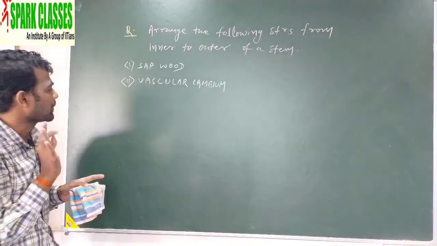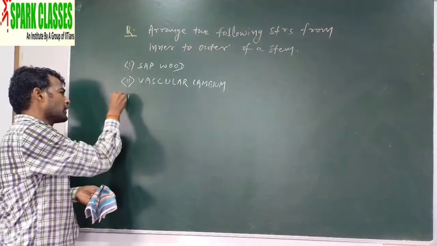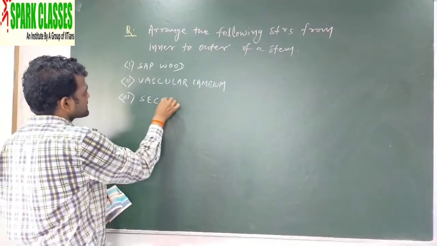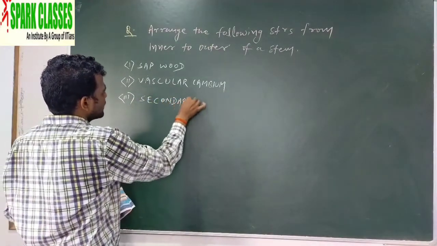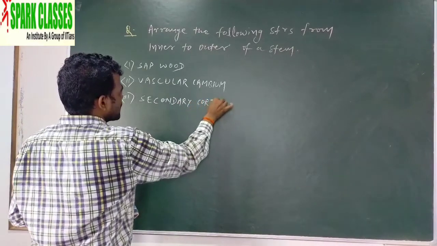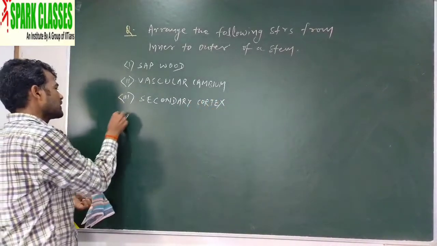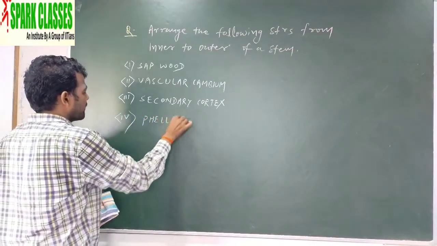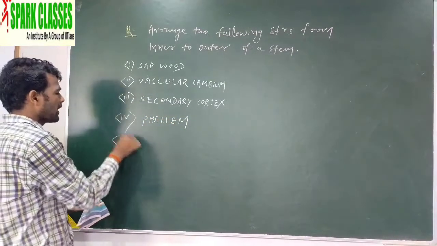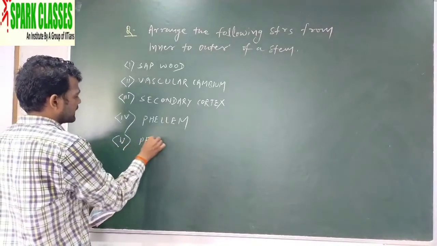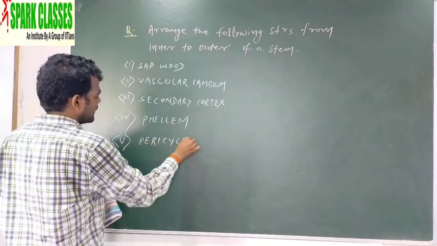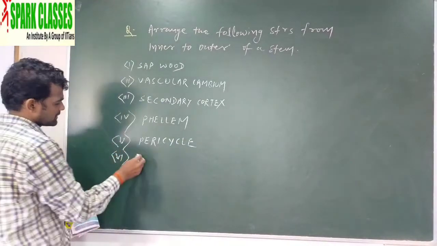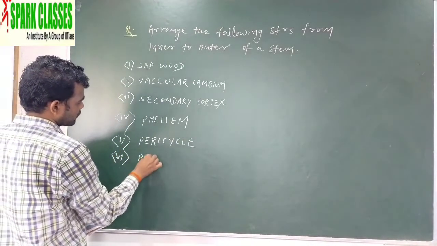No need to read about secondary growth again before the examination. Next is the secondary cortex. Then the fourth one is phloem. Number 5 is pericycle. Number 6 is your phellogen.